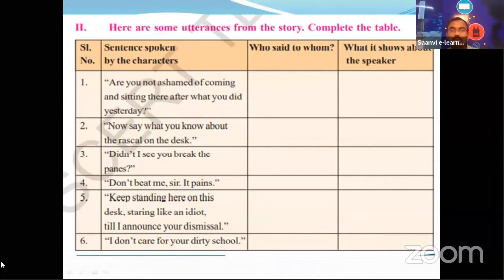What does it show about the speaker? Authority and anger.